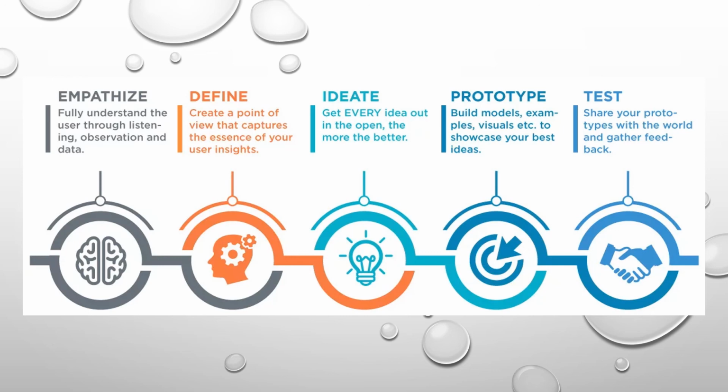The first stage is empathize. In other words, research your users' needs. Here, you should gain an empathetic understanding of the problem you are trying to solve, typically through user research. Empathy is crucial to a human-centered design process such as design thinking because it allows you to set aside your own assumptions about the world and gain real insight into users and their needs.